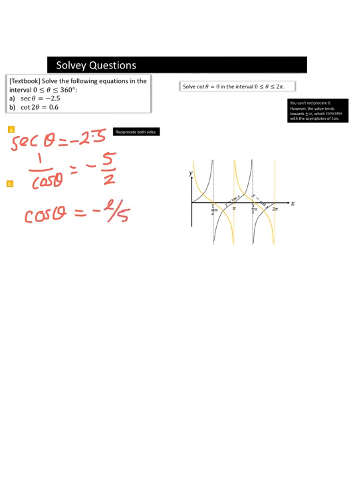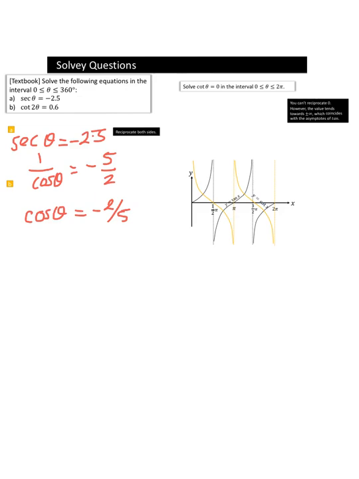Now you've got to think of your quadrants here. We're looking at theta, in degrees. Cos is negative, so we're looking at obtuse angles and a reflex angle. So we're looking in our sine quadrant and our tan quadrant. That's where cos theta is negative.